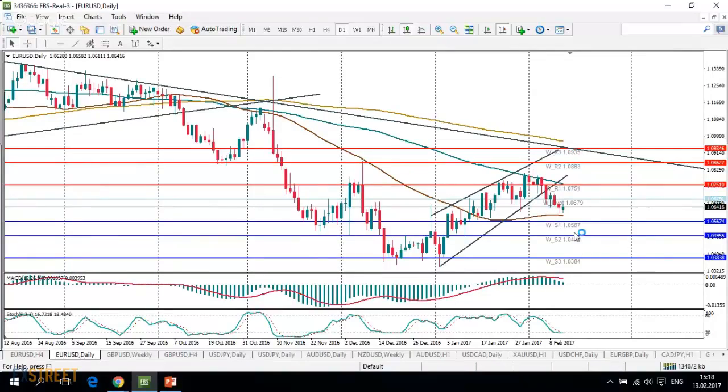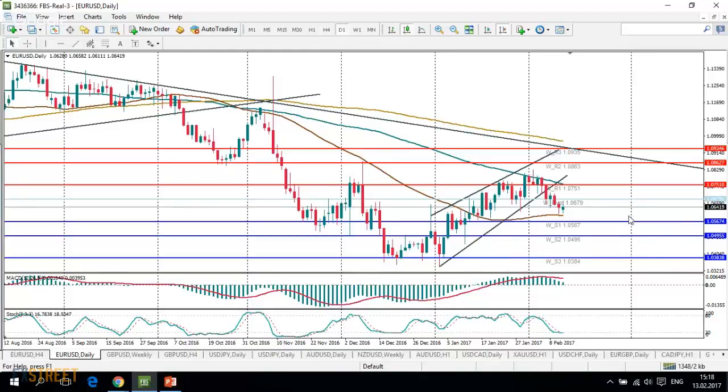So I think that if we get to this point of 105, it will take some time for the bears to try to get past this obstacle, past this support.